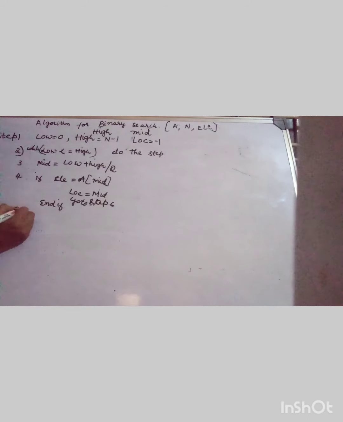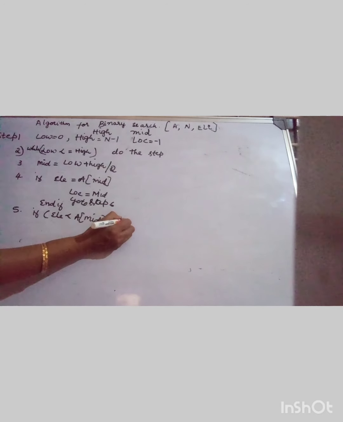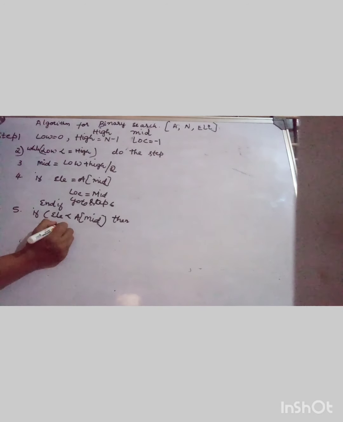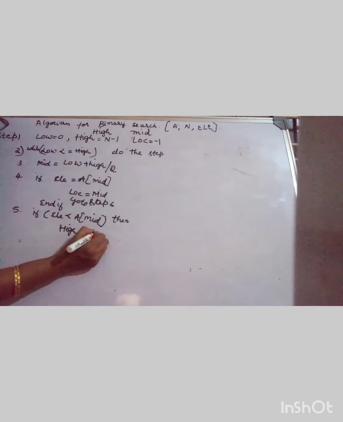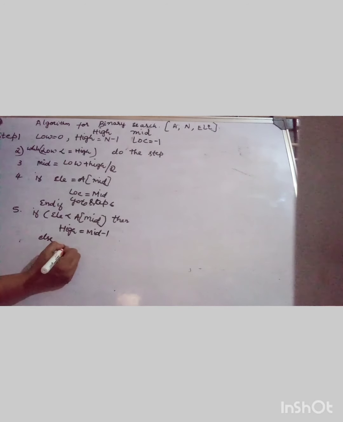Step 5 tells me that if the search element is less than A of mid, then high is equal to mid -1, else low is equal to mid +1.